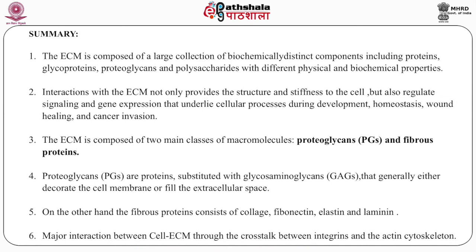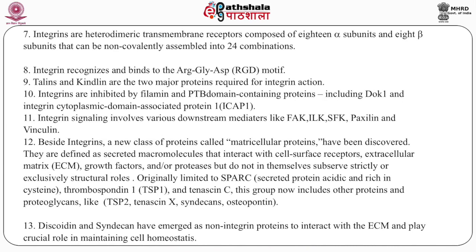The major interaction between cell and ECM takes place through the crosstalk between integrins and the actin cytoskeleton. Integrins are heterodimeric transmembrane receptors composed of various alpha and beta subunits that can be non-covalently assembled into 24 combinations.